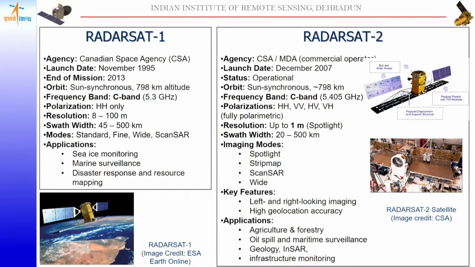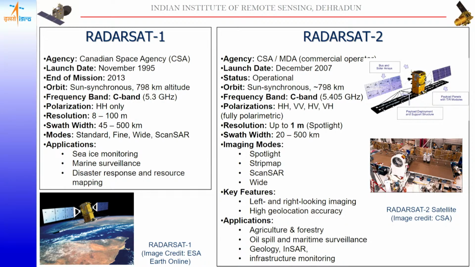In the case of RADARSAT-1 the polarization is HH only, and the resolution varies from 8 meter to 100 meter, and it has different modes like standard, fine, wide and ScanSAR. This nomenclature is of classical modes only, like the strip map mode, the spotlight and the ScanSAR. Accordingly the name is given, standard, like strip map mode.